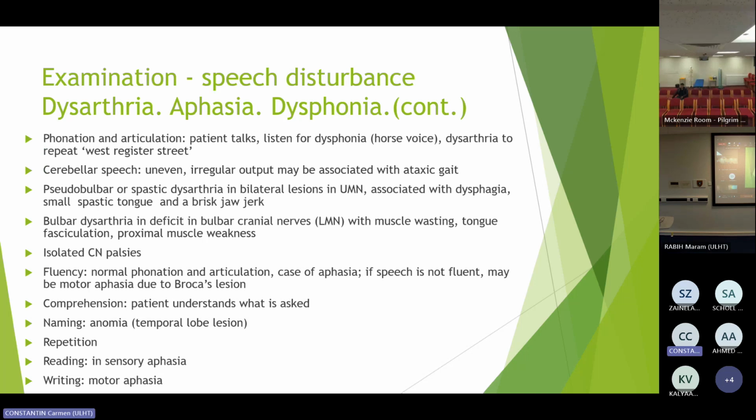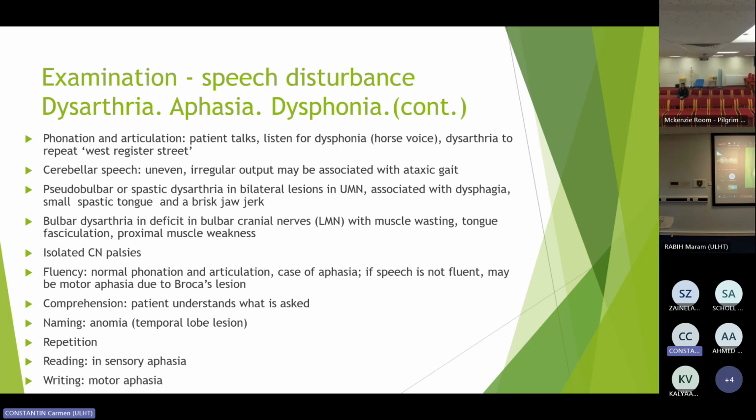So what are the types of speech changes? Dysphonia is the hoarseness of the voice, which is typical in brainstem stroke. Dysarthria can appear generally in any type of stroke, any territory.